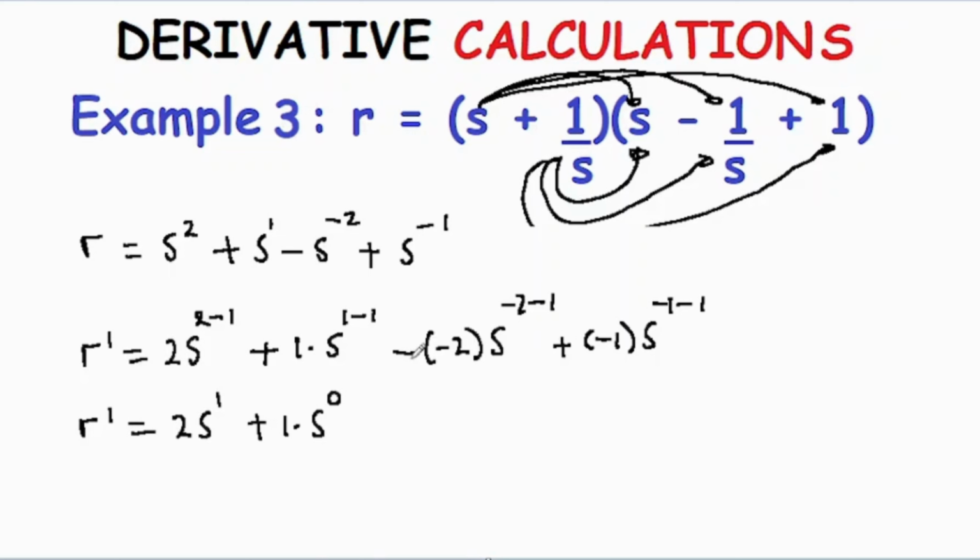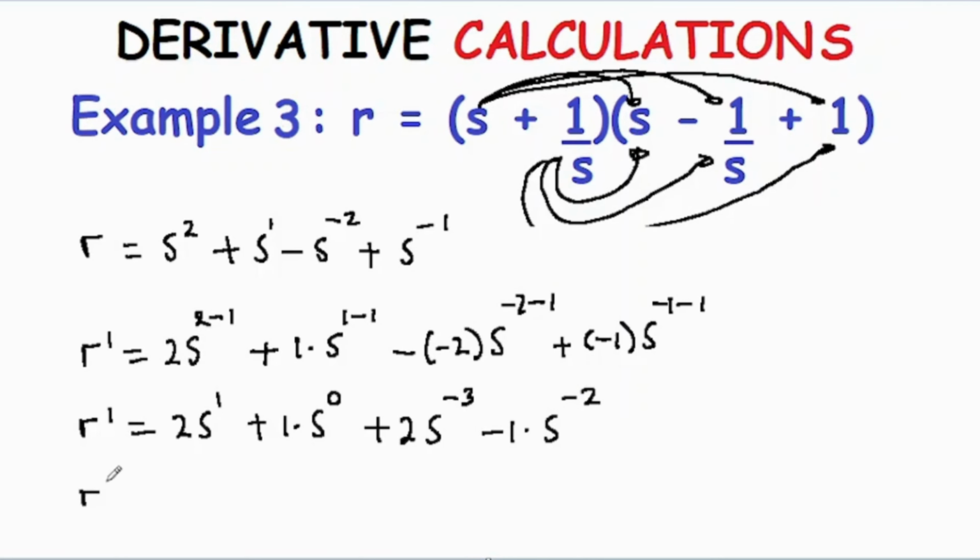Then we have negative 1, negative times negative 2, and that's going to give us plus 2. S, negative 2 minus 1, which is the power here, that's going to give us negative 3. Then plus times negative 1, that's going to give us negative 1 multiplied by s raised to power negative 1, negative 1, that's going to give us negative 2.